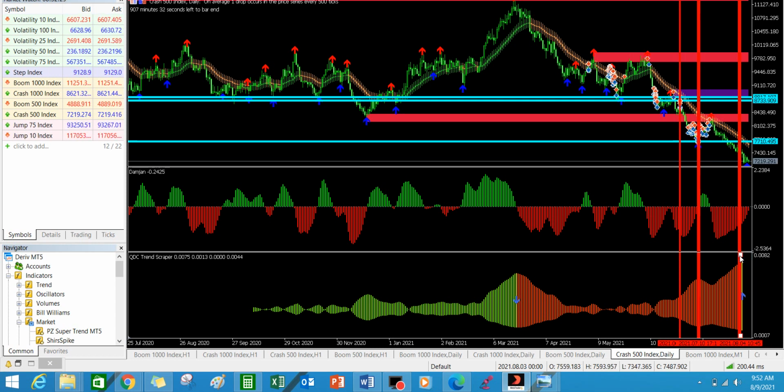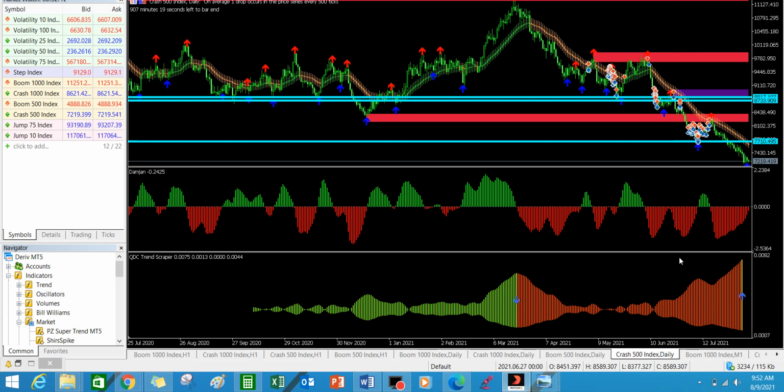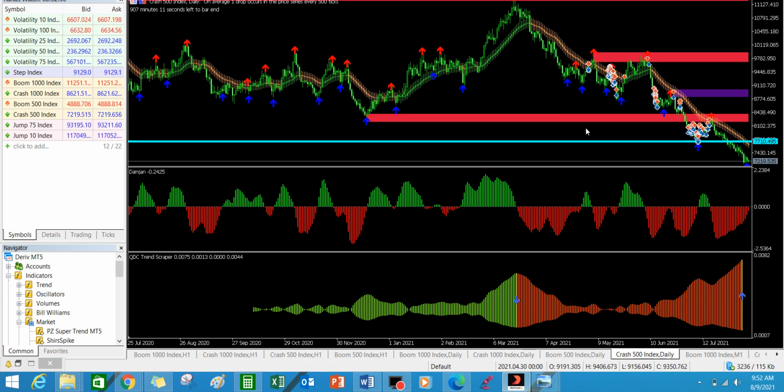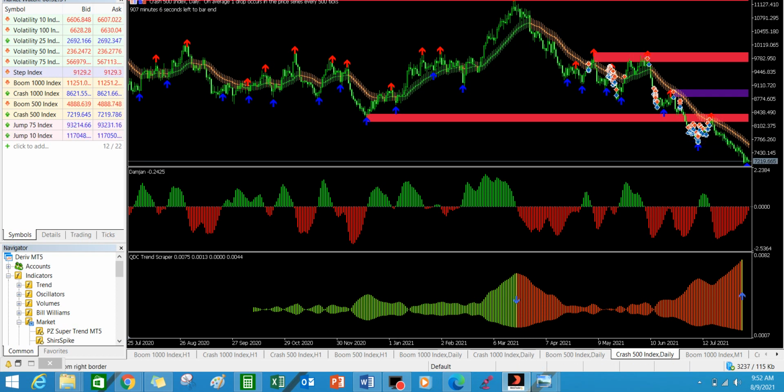Let me reduce them a bit so that we get to see what we are analyzing. Wow, I've got a number of them on this chart, so don't worry, I'm not going to waste the time. Okay, I think we are good to go right now. So I'm going to take it backward a bit so that we get to see it properly.